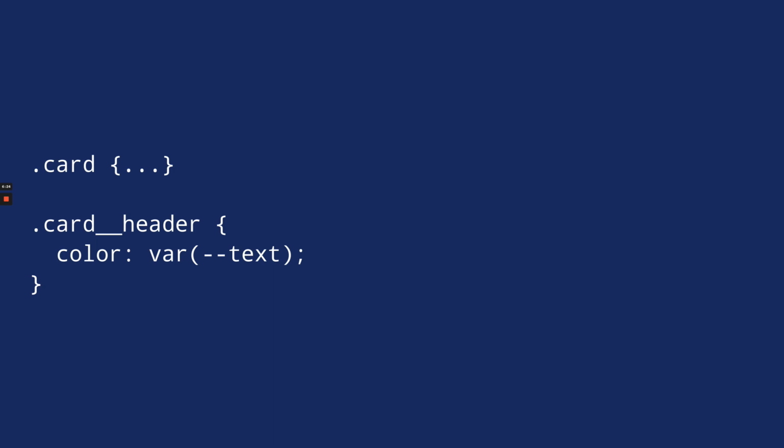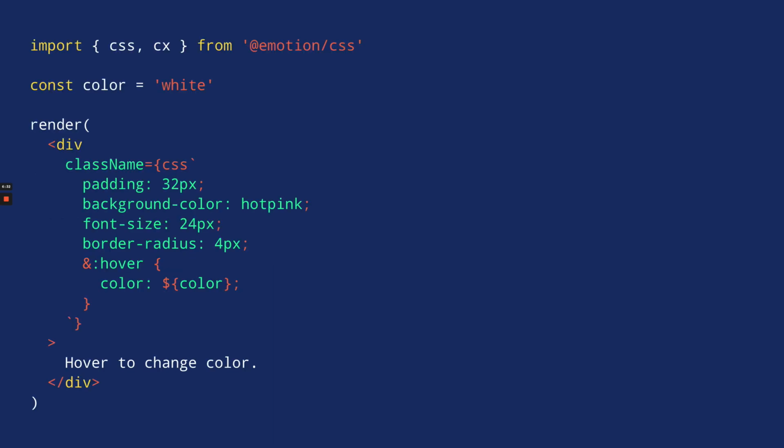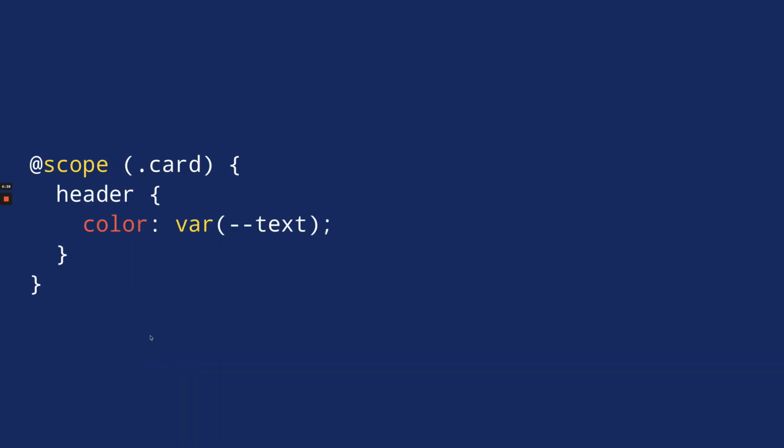Next, we have scope. The way we scope in CSS today is very similar to BEM and other things like CSS modules or Emotion. These are things that we came up with to be able to scope CSS. A native scope is coming to CSS, and essentially you have an @scope statement where you define the class to which all of this will be scoped.